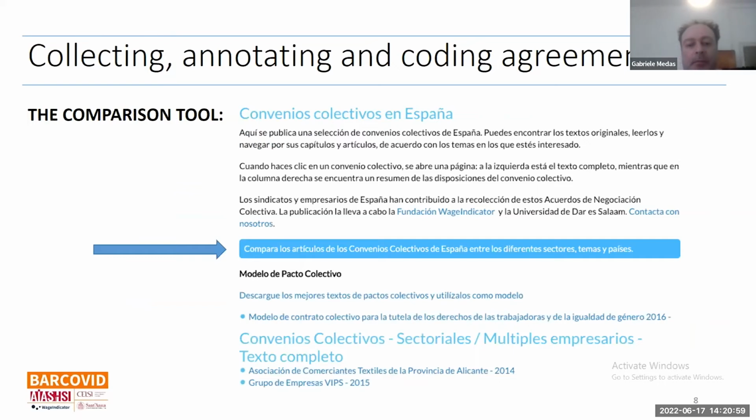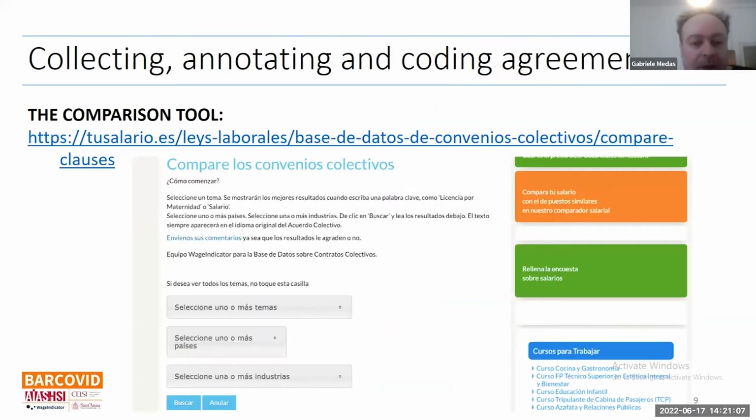On the national website it is also possible to compare the clauses of the CBAs. Basically, it is possible to filter one or more questions, one or more topics, to select one or more countries, and to select one or more industries, one or more sectors.